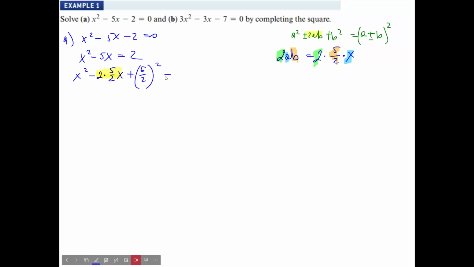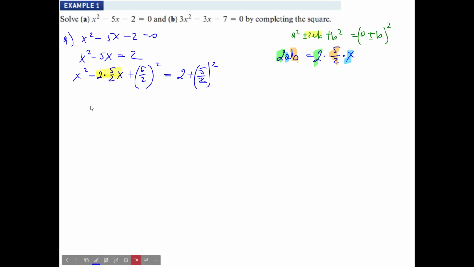Okay? Now, in order not to change anything, if I add something to the left side, I need to add something to the right side. So 2 plus 5 over 2 squared. Yes?